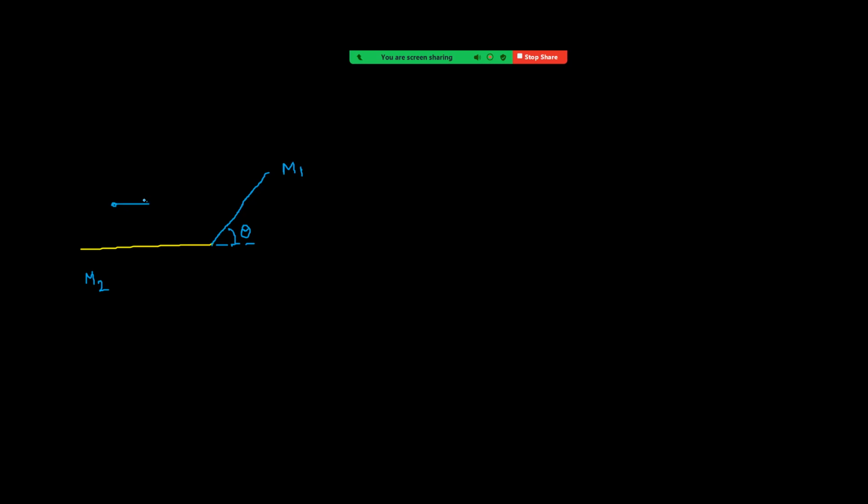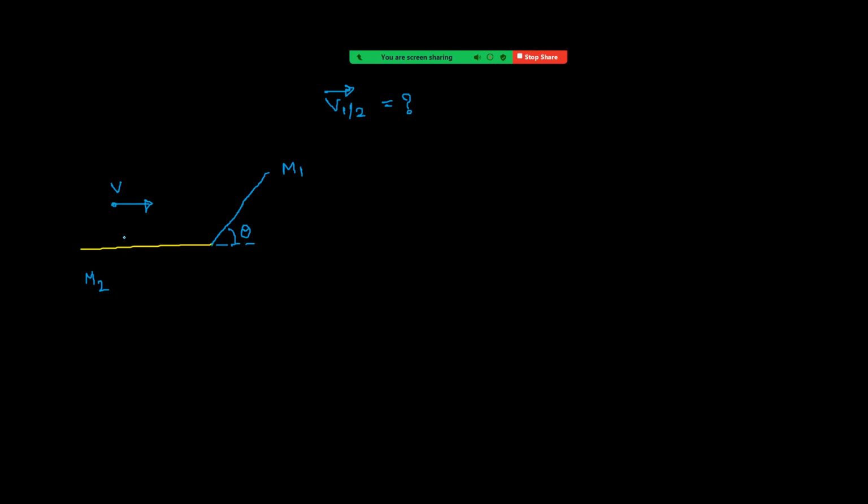Object has velocity that is v. Okay. So velocity of image in M1 with respect to that in M2. Okay. This is what we have to calculate.